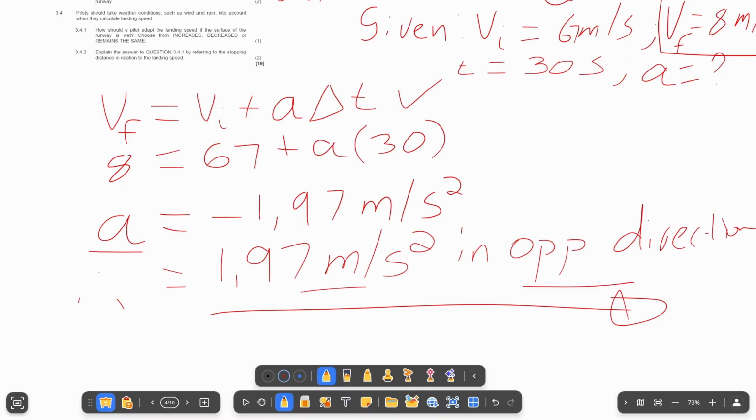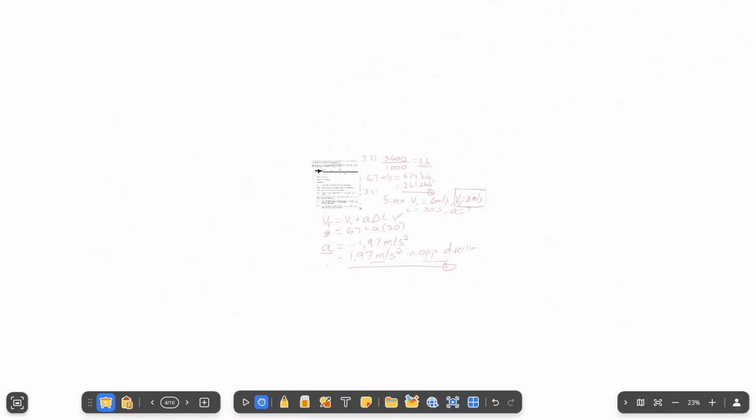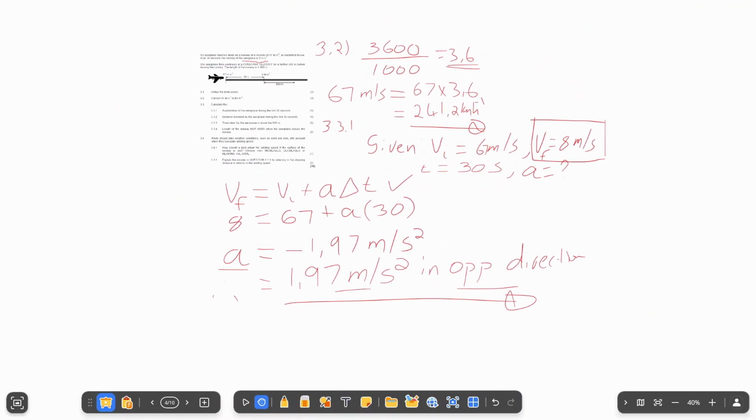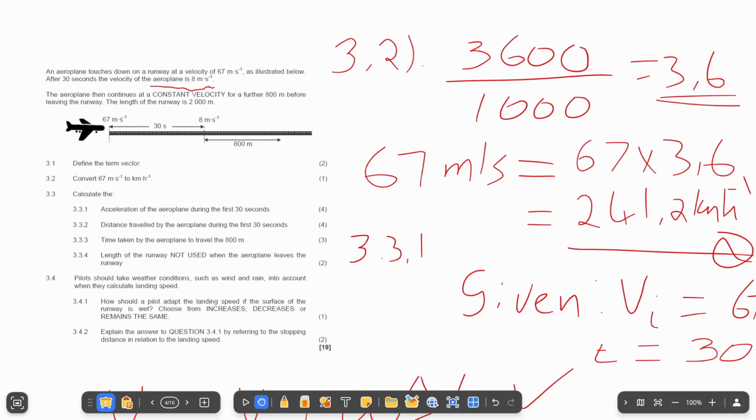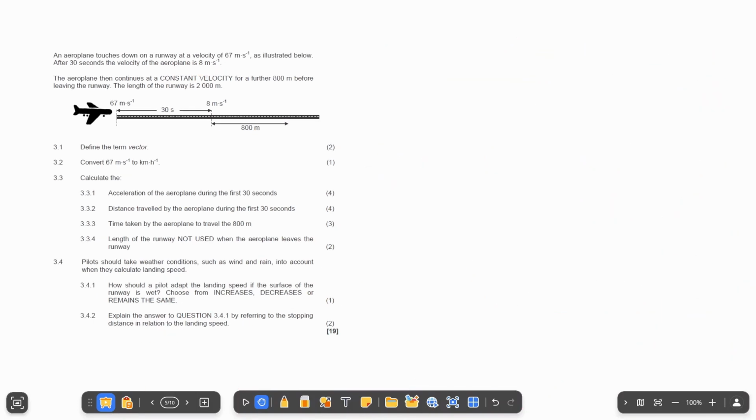Yes, that is the end of question 3.3.1. Then we can now go to 3.3.2. Now we want the distance traveled by the aeroplane during the first 30 seconds.